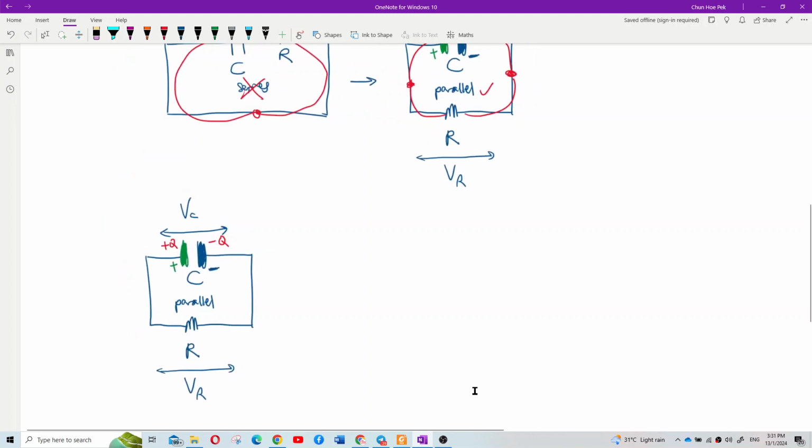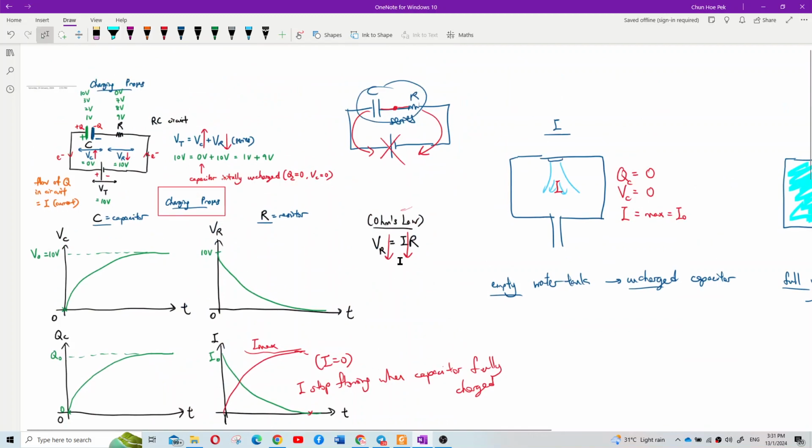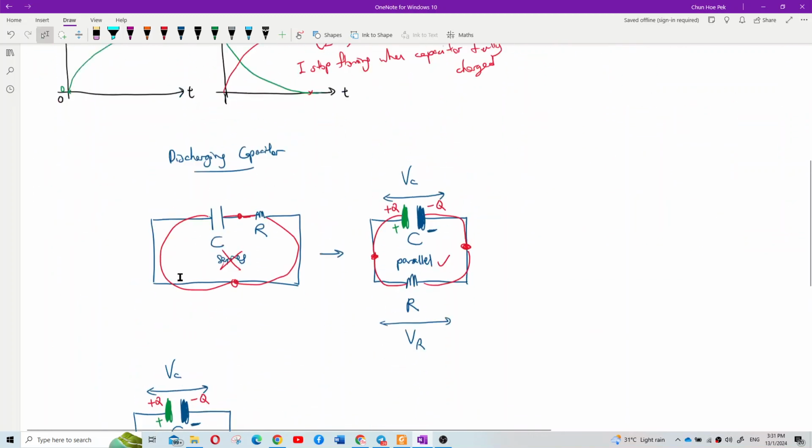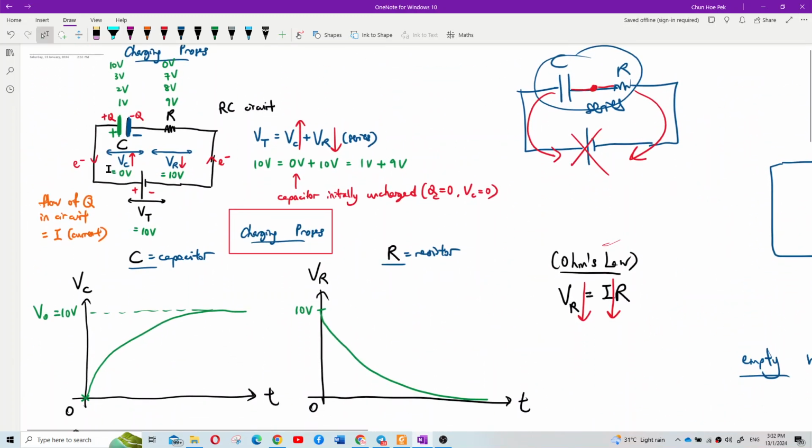Okay, class. Now I want to, begini kelas. Fully charged. Now, dulu electron flow in which direction? Anti-clockwise kan? Betul tak? Electron flow anti-clockwise to charge a capacitor.